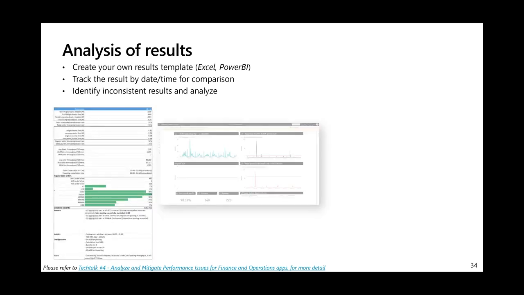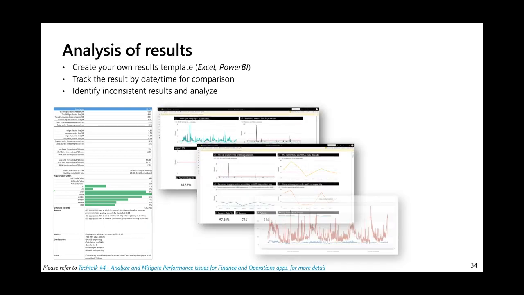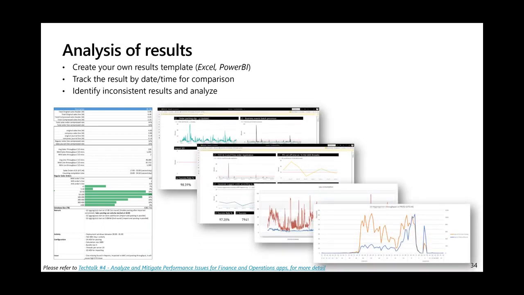In my case, I have created Excel and Power BI for the testing result. I have an Excel to keep track of the testing result, for example, the performance of the sales operation, the data volume, the configuration, and the activity by day. When the analysis is complete, I will do the mitigation in the next few iterations.